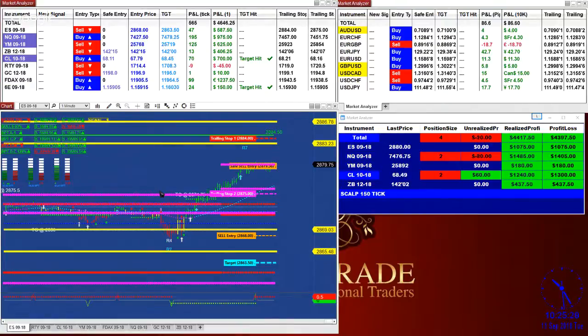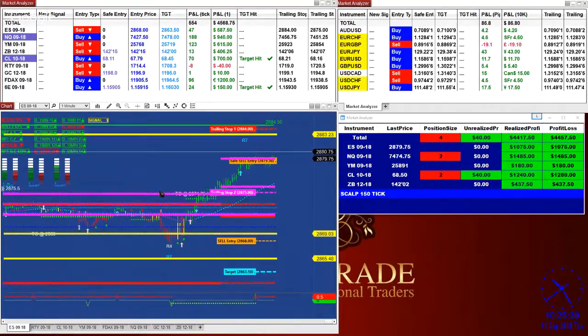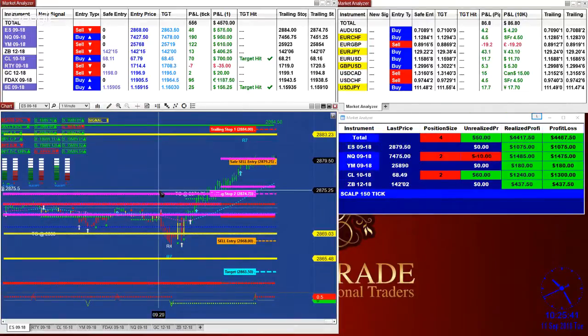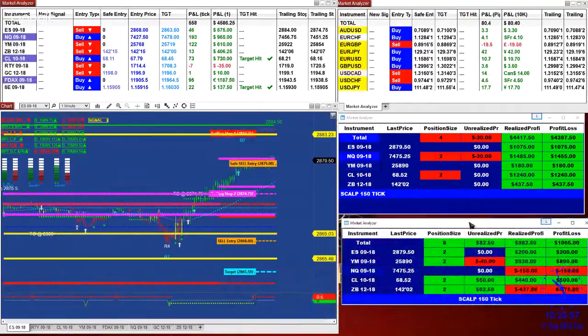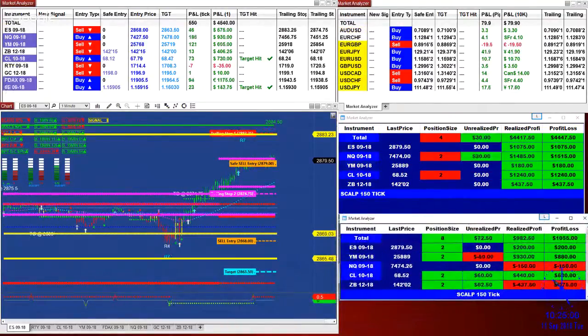You have an ATM strategy and a fully automated one, and an ATM full automated to trade based on those entry signals. And then we have the scalpers here on the 150 ticks. We normally use the 1 minute and the 150 ticks, and those are the only time frames we use for those markets.